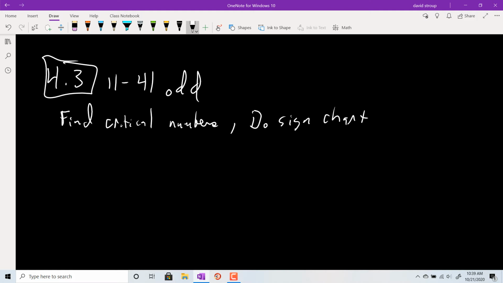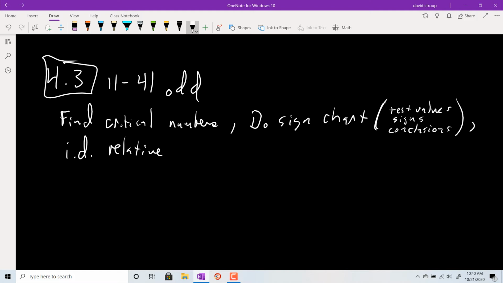In your sign chart, you should have test values, you should have your signs, and you should have your conclusions, just like I've been doing in the videos. So find the critical numbers, do your sign chart, and lastly, identify any relative extrema. And those should be given in the form of ordered pairs.